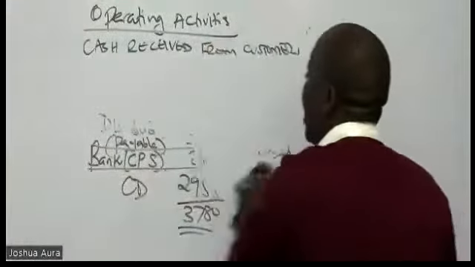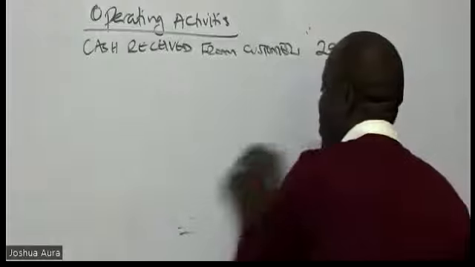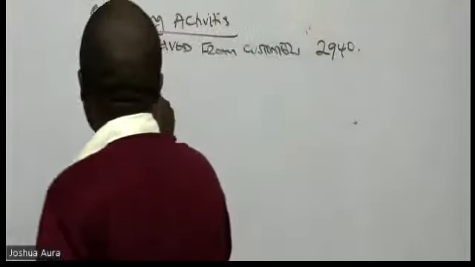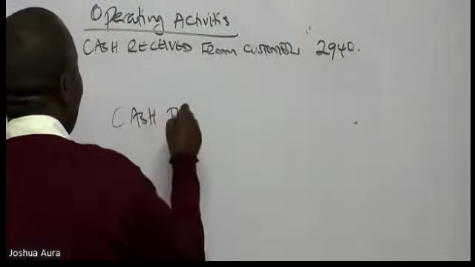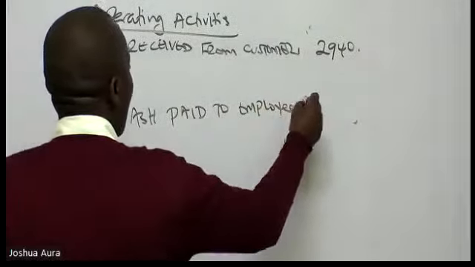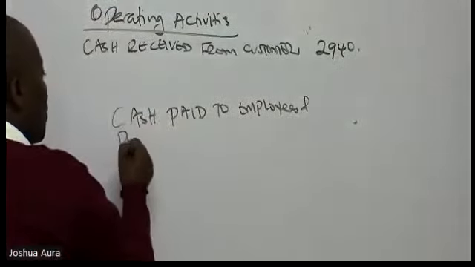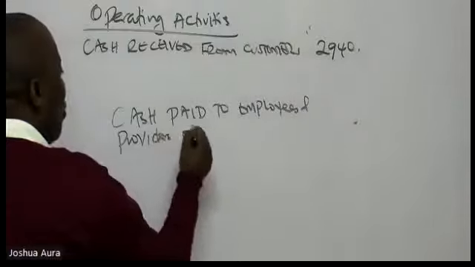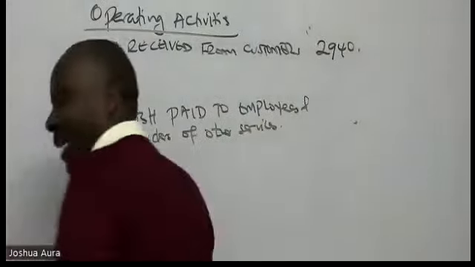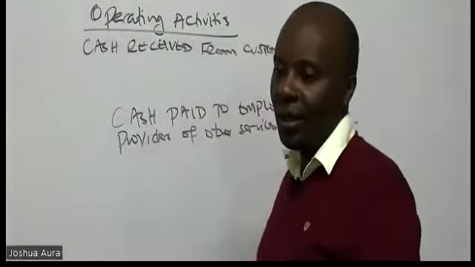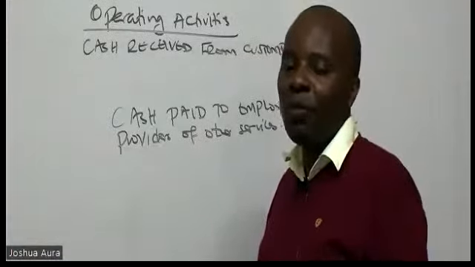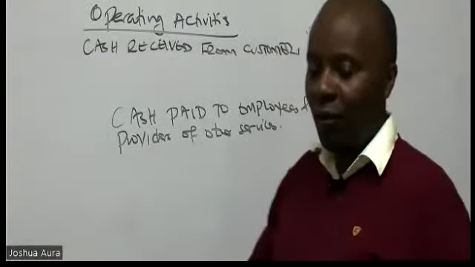Simply come here and give me a title about cash paid to employees and providers of other services, and of course facilities, things like rent, etc. So cash paid to employees and providers of other services stroke facilities.